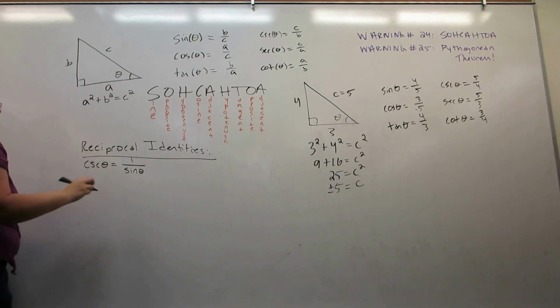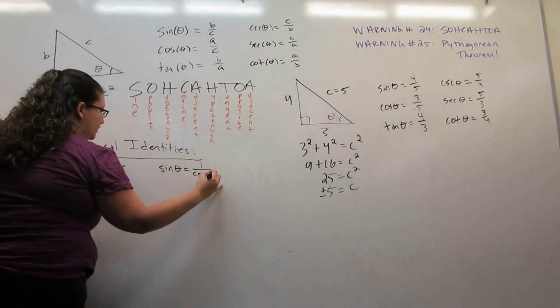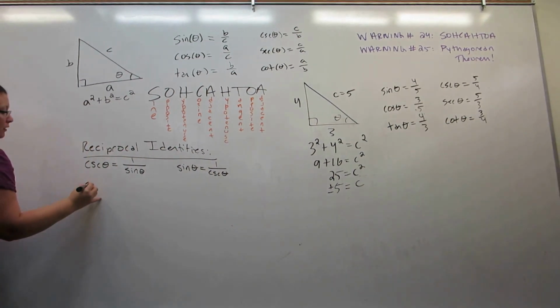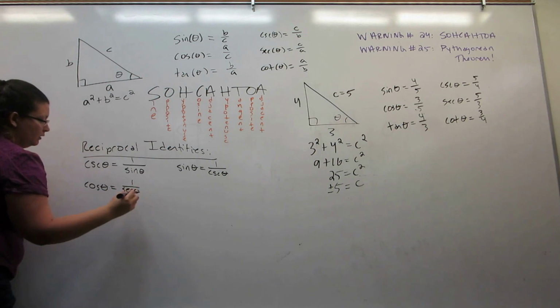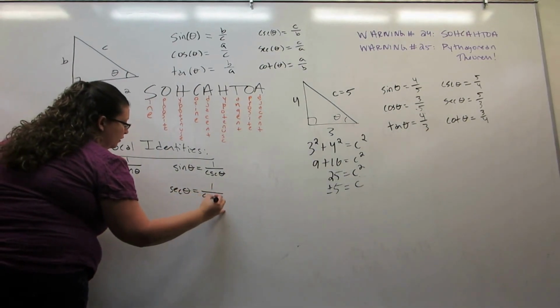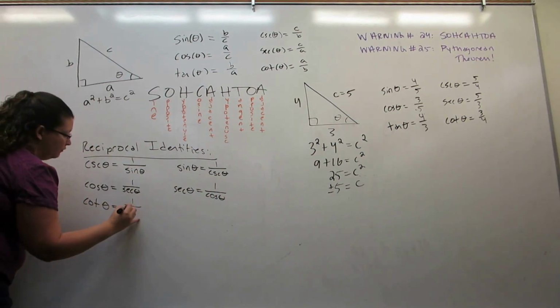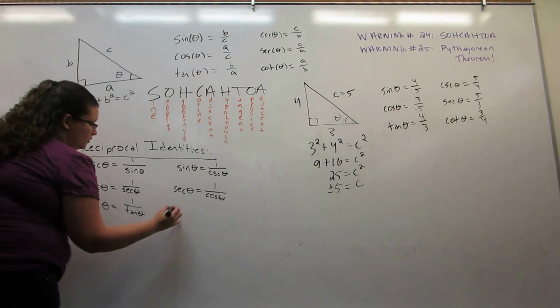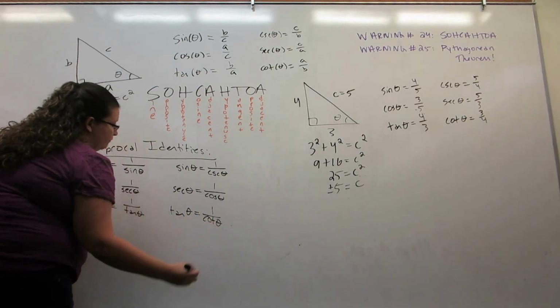It's the reciprocal of sine, which of course means that sine must be 1 over cosecant. Cosine is 1 over secant, so secant must be 1 over cosine. Cotangent is 1 over tangent, so tangent must be 1 over cotangent.